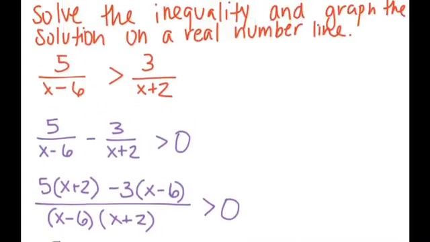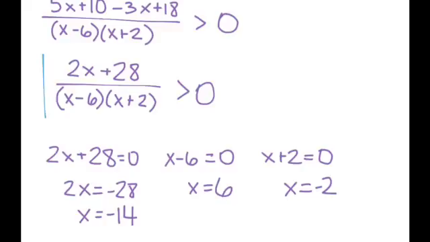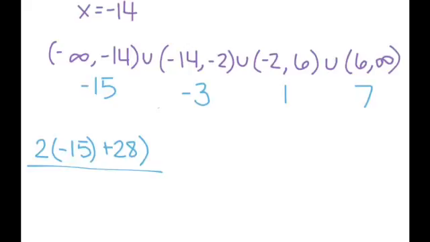So we can use this one. So 2 times negative 15 plus 28 over negative 15 minus 6 times negative 15 plus 2.